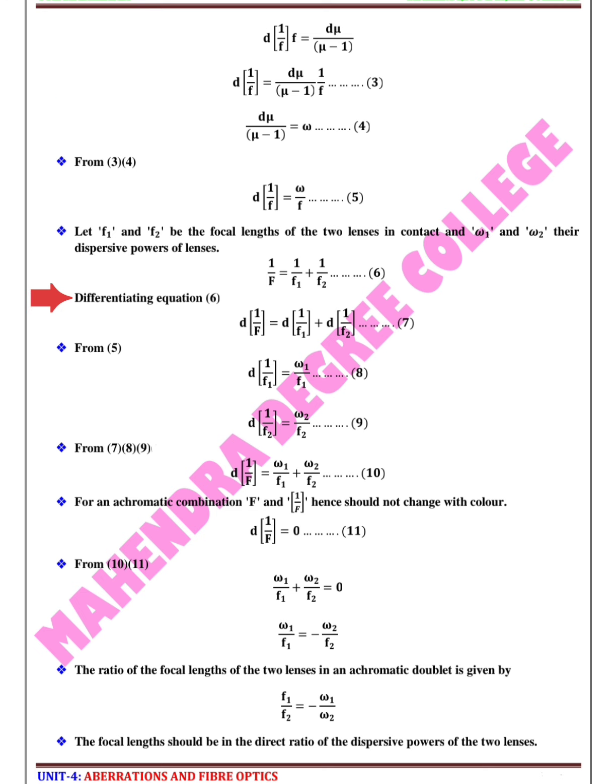Apply the differentiation rule to equation number 6. Differentiating both sides with respect to their respective rules, assuming f1 and f2 are independent variables or functions of some other variable, and we are performing a total differential.